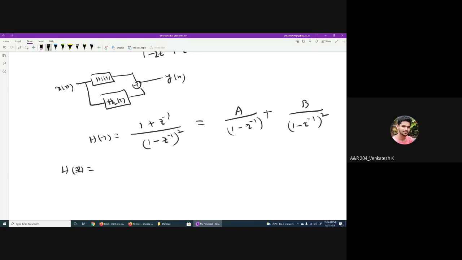A equal to -1, B equal to 2. Is it correct?